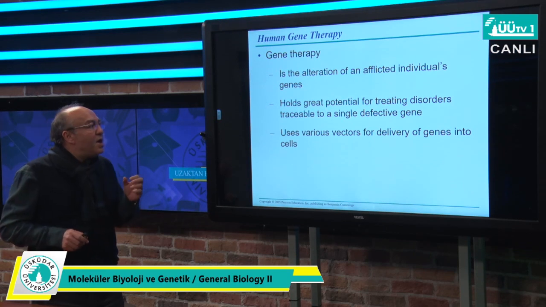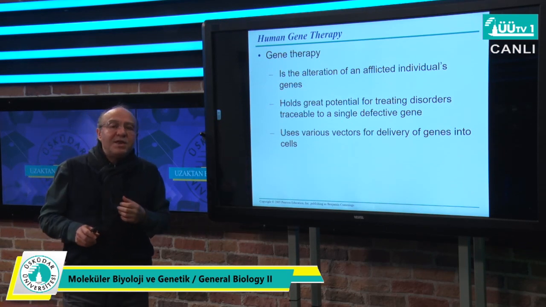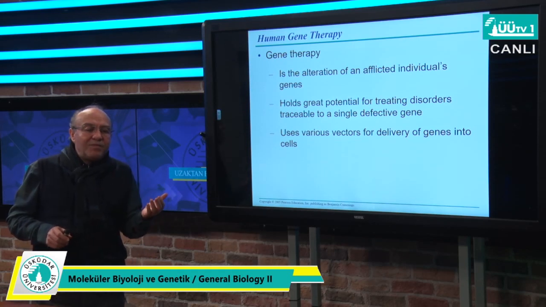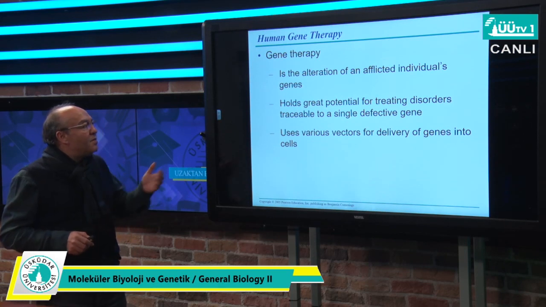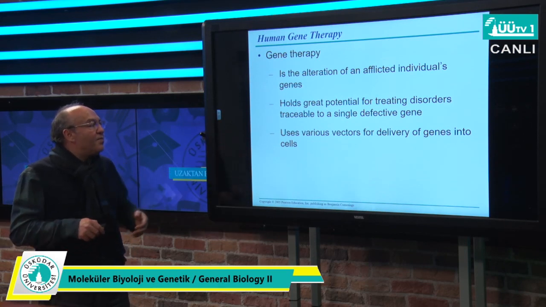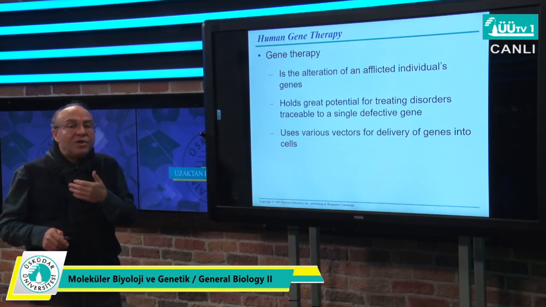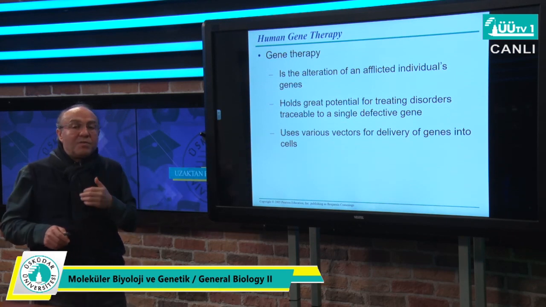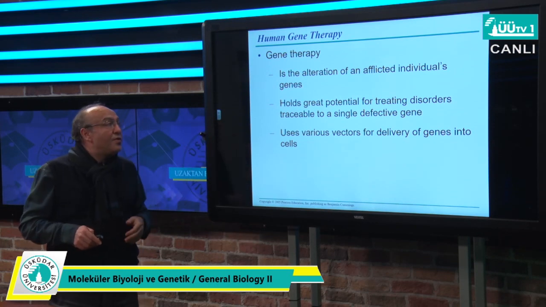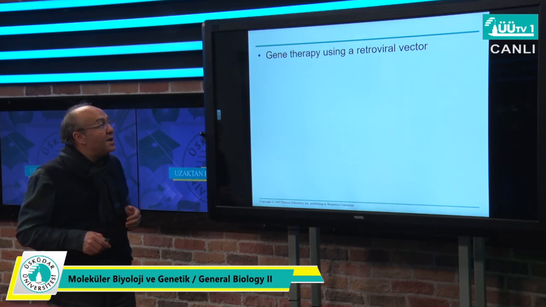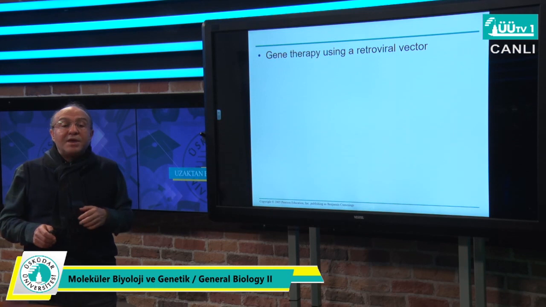So we have to change the broken genes, and we could help the patients solve their problems. We are using various vectors and techniques to transfer the normal gene to replace the broken gene, and one of the therapy techniques is gene therapy using retroviruses.